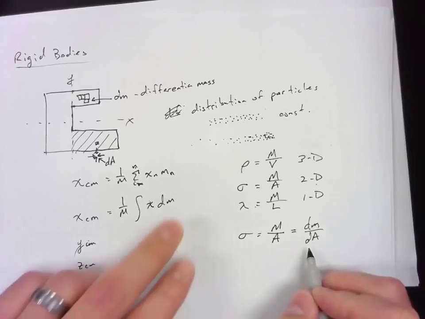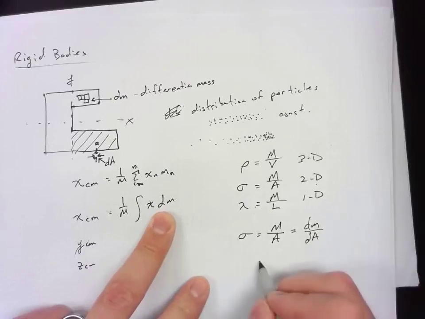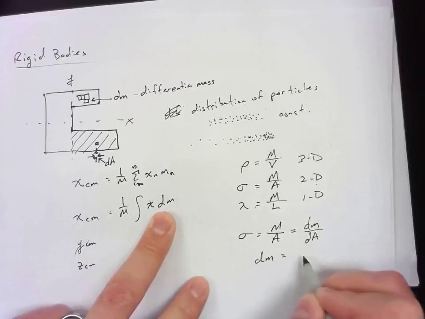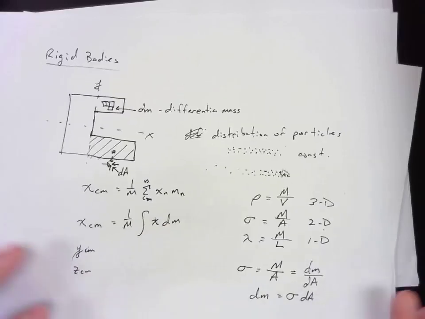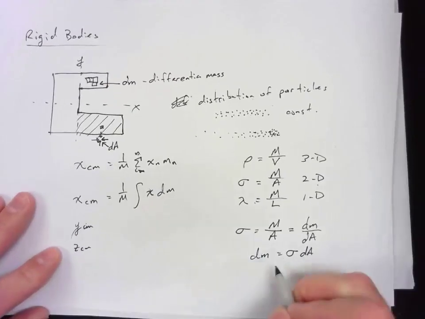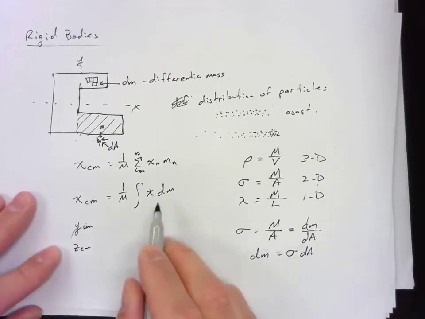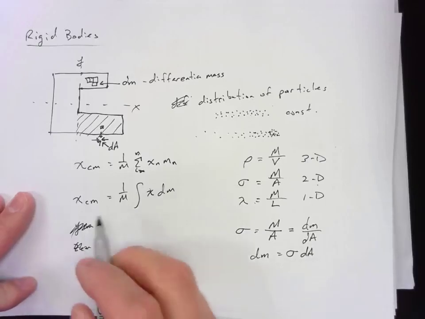What we're going to do is get rid of the mass. So we're going to manipulate this so that dm is equal to sigma dA. Now, what we can do is substitute this in for dm into this equation.